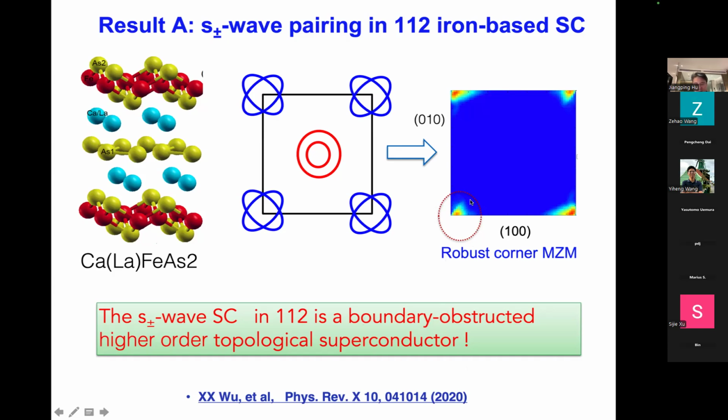The simple prediction is that if you have a piece of this material with a corner in the 100, 010 directions, this corner will host robust corner Majorana zero modes. That's a prediction, so you can experimentally try to locate them. But so far, this material hasn't had very good samples, so people are still trying this experiment.